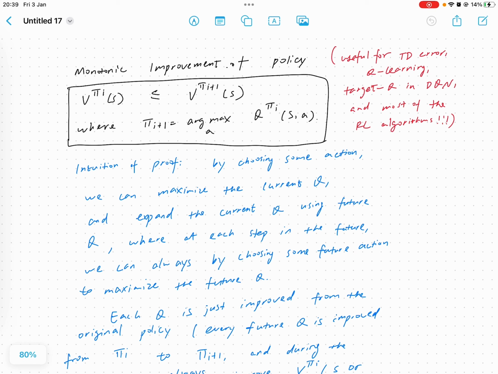So why are we calling this the monotonic improvement? This is simply because for all the states S here, we want to have this result, which is represented in this box.